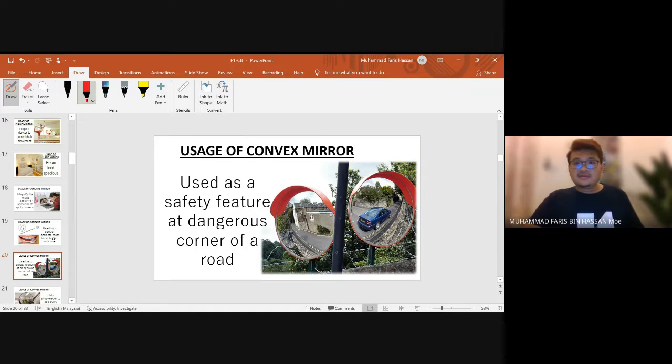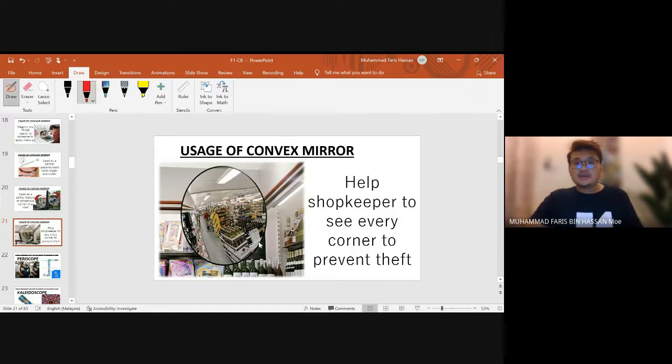And this is another usage of the convex mirror, used at the dangerous corner of a road, and it can also help the shopkeeper to see every corner to prevent any theft happening in their supermarket.